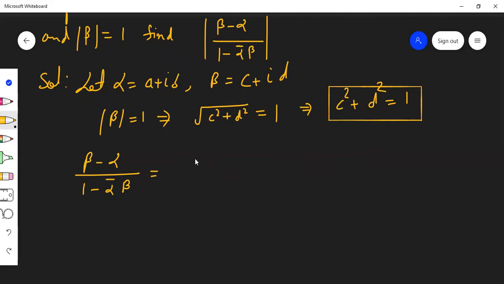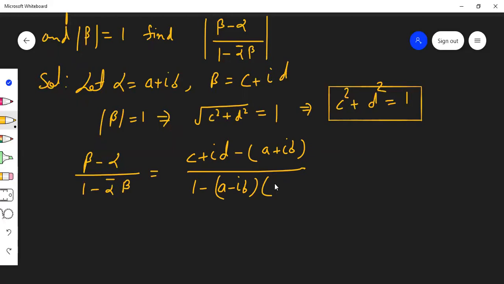This thing can be written as, simply substituting the values, (c plus id minus (a plus ib)) divided by, here I will have 1 minus, see this conjugate alpha will be a minus ib, simply change this sign. So it will be a minus ib multiplied by beta. It can be simplified.